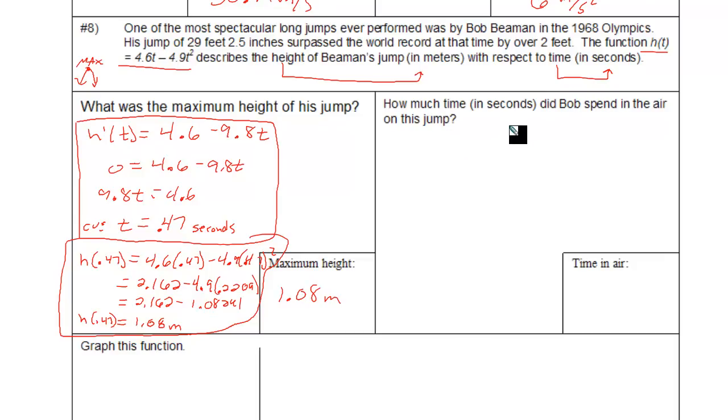Well, this is basically asking us for the X-intercepts or the T-intercepts. To find that, you simply take our function, set it equal to 0, and factor it. Set each factor equal to 0.